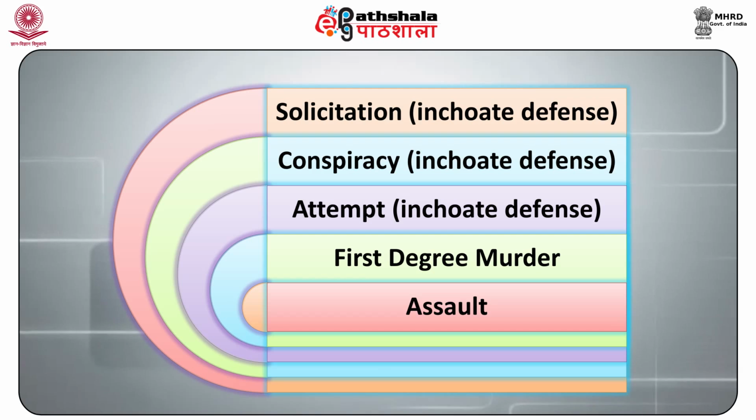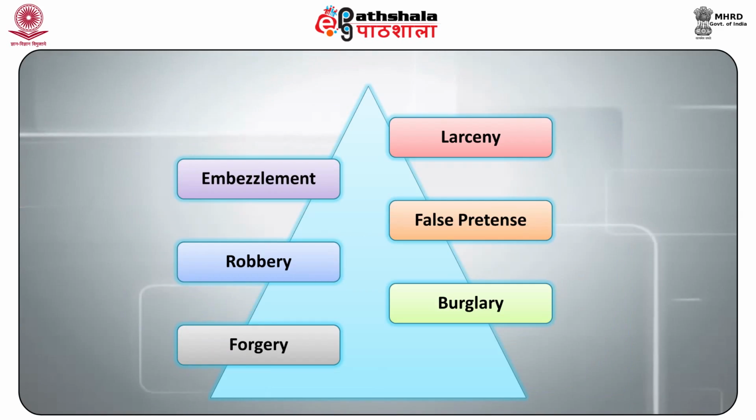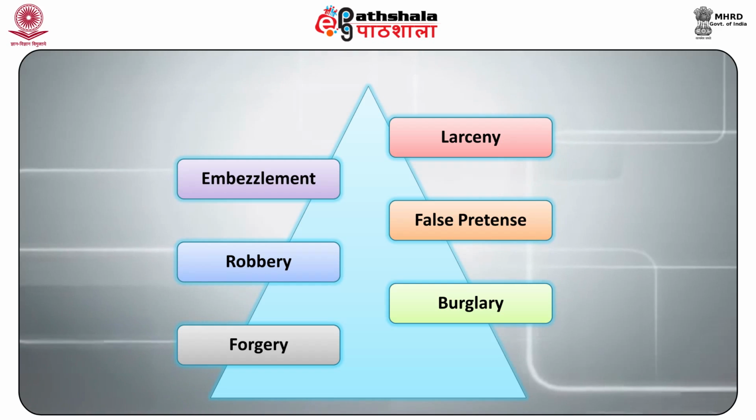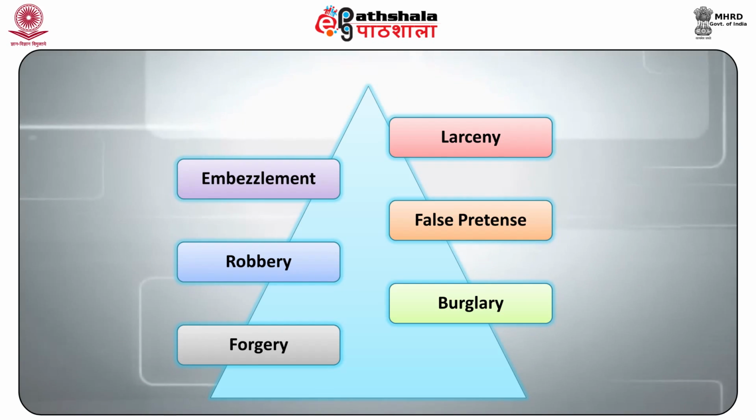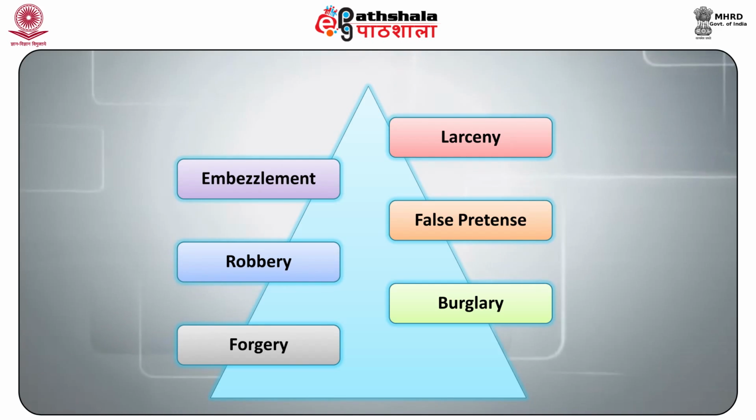If the facts only say murder, then that's common law murder, not specific intent. Other examples are assault, larceny, embezzlement, false pretense, robbery, burglary, and forgery. Then second is malice crimes.